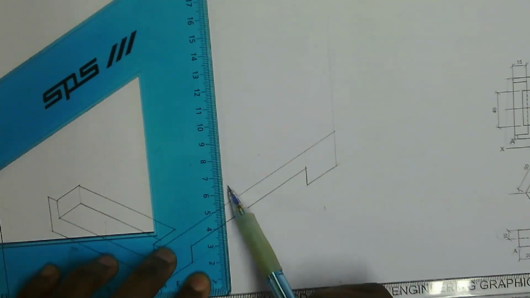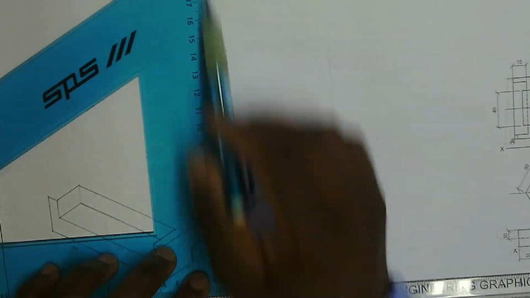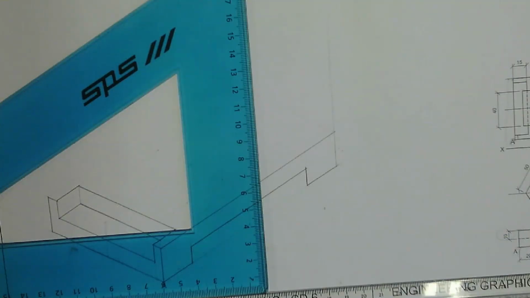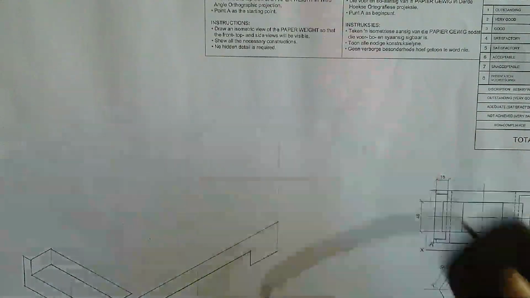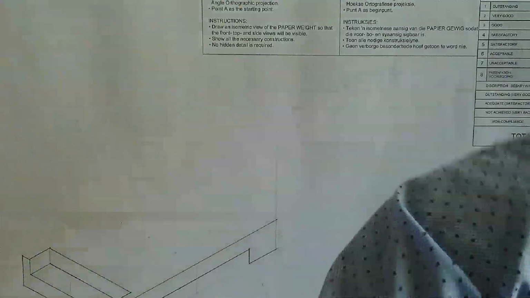Again, this one here, construction line going up. And the last one on this side is also a construction line. In order for you to be able to draw this part, which is the front view.